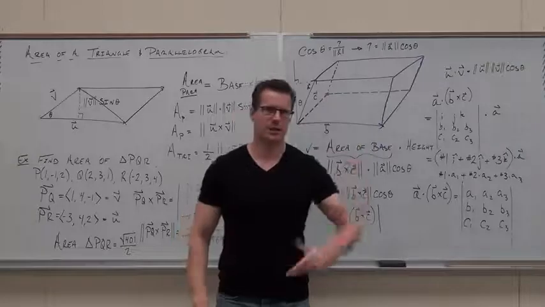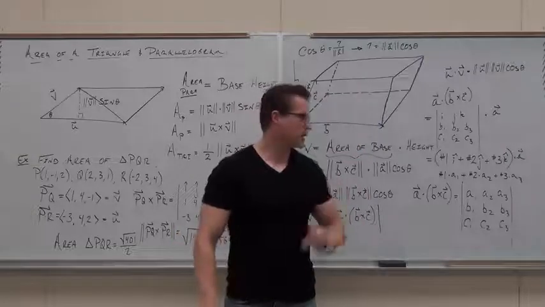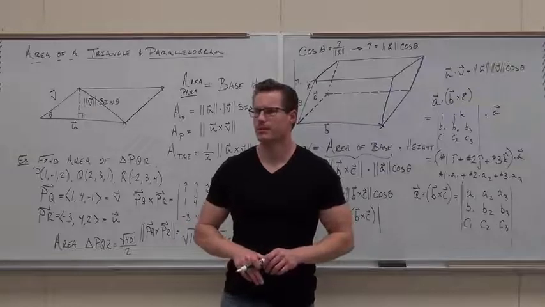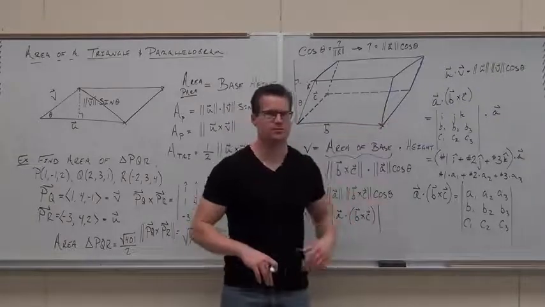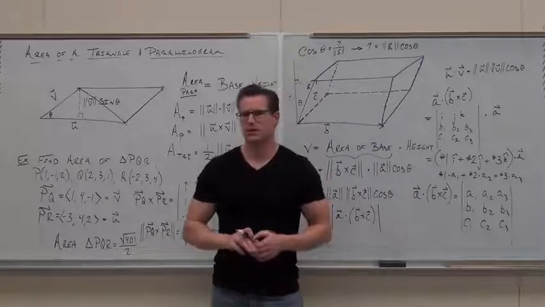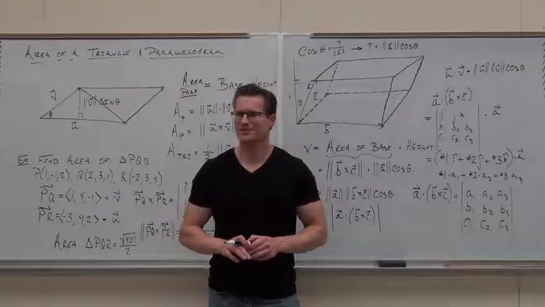Replace i, j, and k with A1, A2, and A3, and you save yourself the headache of a dot product at the very end. And you do it exactly the same way you do any other 3x3 matrix determinant. Isn't that kind of cool?